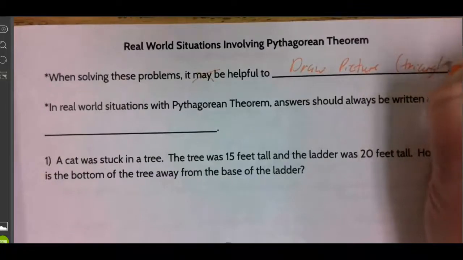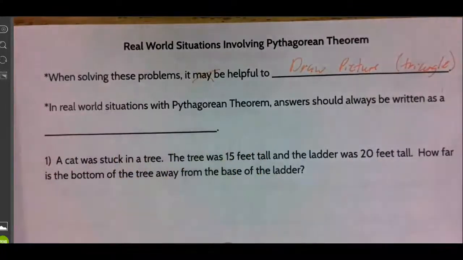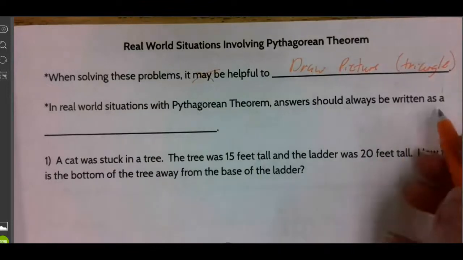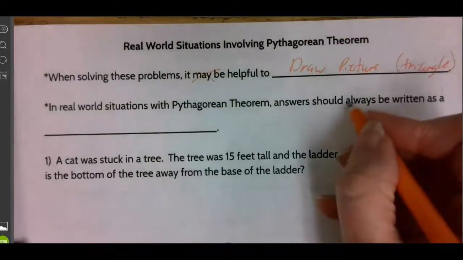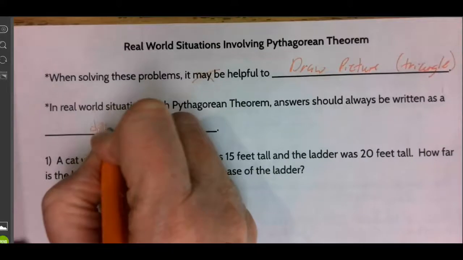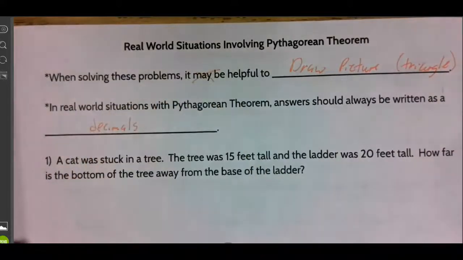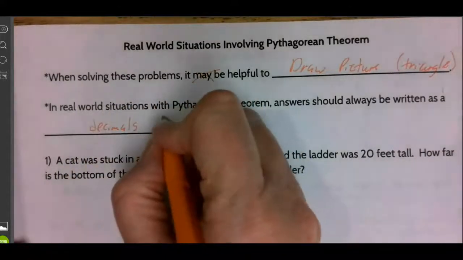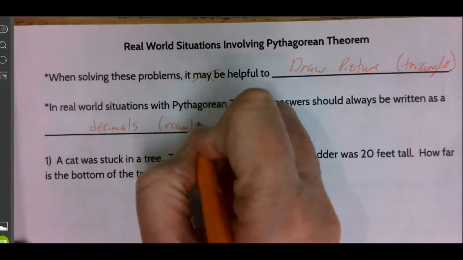In real-world situations with Pythagorean theorem, answers should usually be written as decimals, and they're usually rounded to a nearest place.